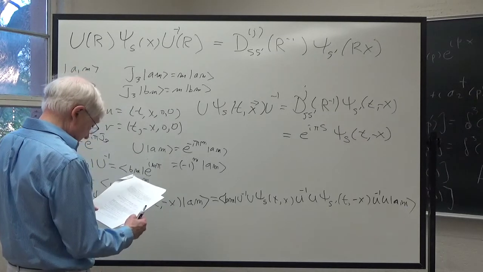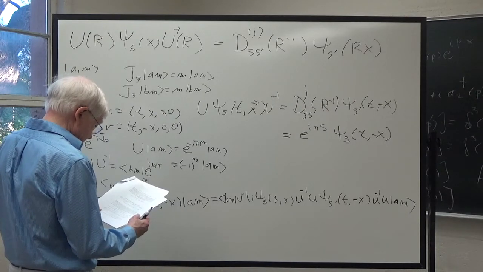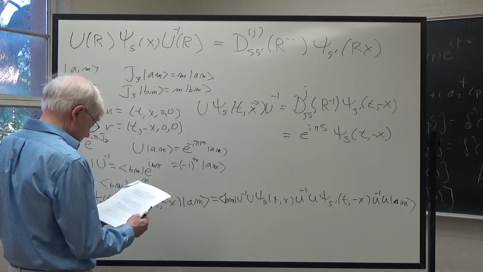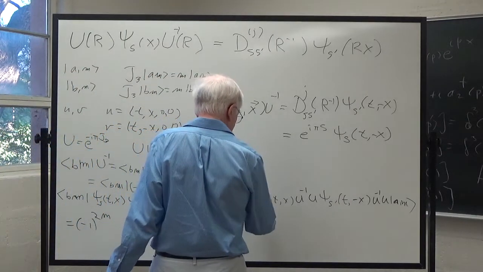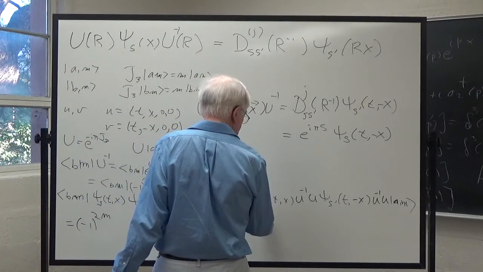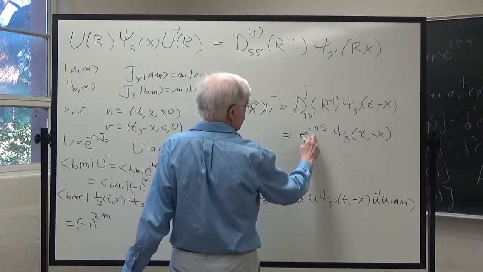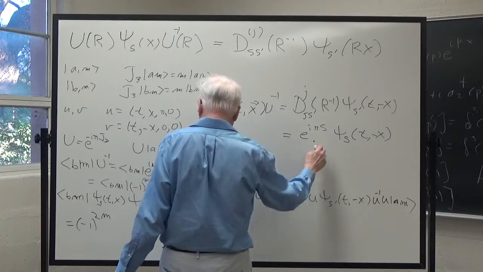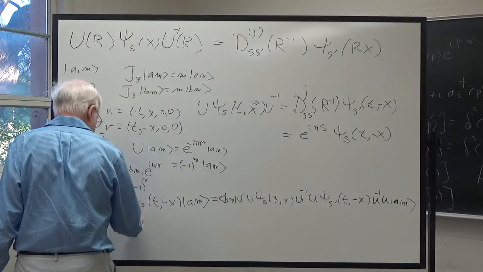Minus 1 to the 2m, and then this U psi s U inverse gives us e to the I pi s. So this is e to the I pi s.